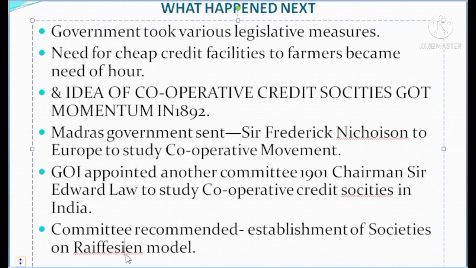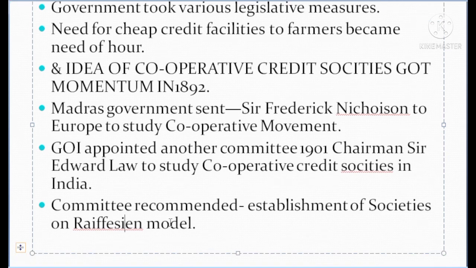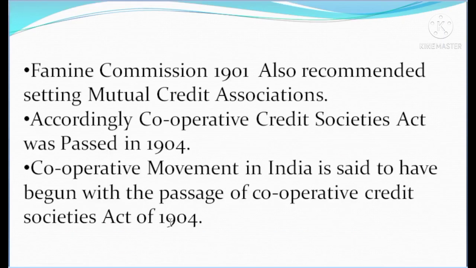So we have to only remember here that the Government of India appointed a committee in 1901 whose chairman was Sir Edward Law to study cooperative credit societies in India. This committee recommended establishment of societies on the Raiffeisen model. Also, the Famine Commission in 1901 recommended setting up mutual credit associations.